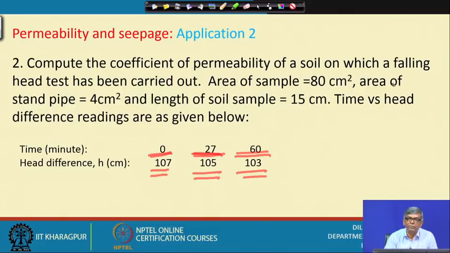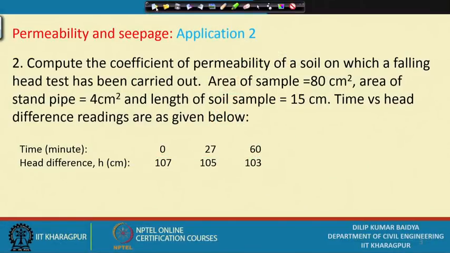This is a falling head permeability test, that means the head is initially kept at some level, and after some time, because of the flow taking place, the head comes down. So the time taken to drop the head from H1 to H2 is to be considered in calculation.